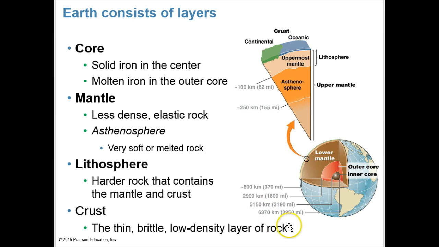And we can also see how far we would have to travel if we were to actually go to those areas. For instance, the actual innermost part of the core is 3,950 miles away from you right now.